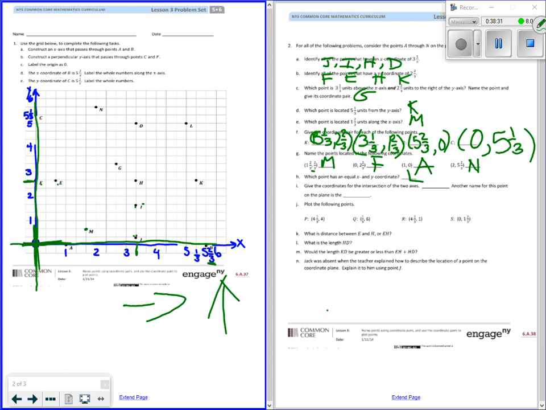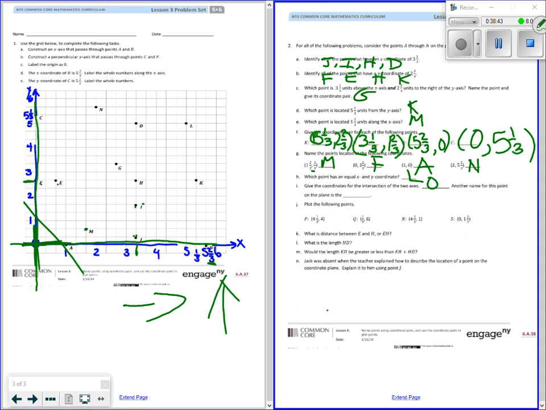So, 0, 0. That's how you get the origin. 0 for the x, 0 for the y. Another name for this point on the plane is the origin.